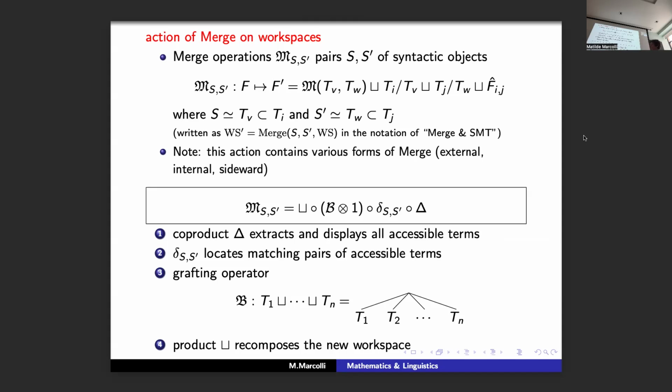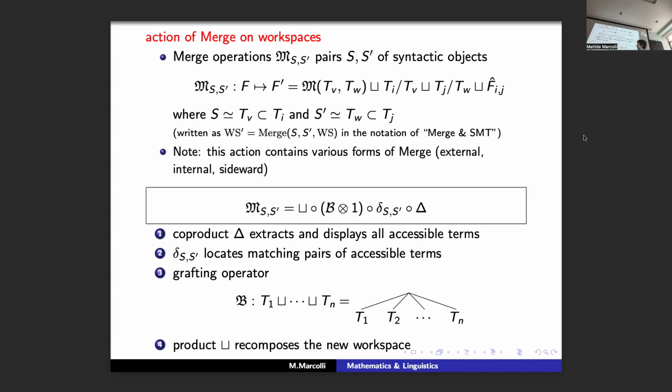So I just want to mention that there are various instances where maps of this form occur. This grafting operator in combination with the product and coproduct of a Hopf algebra occurs, as already mentioned, in these combinatorial Dyson-Schwinger equations of quantum field theory, but also in general; I'll say something about it a bit later today.